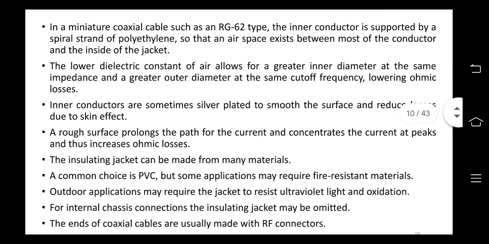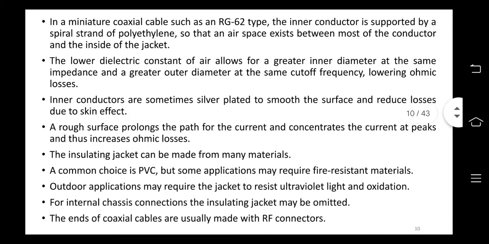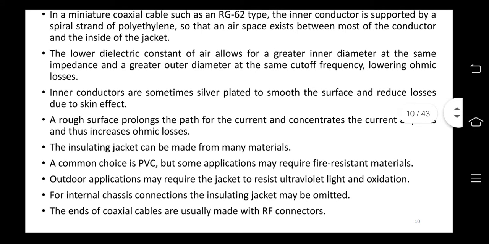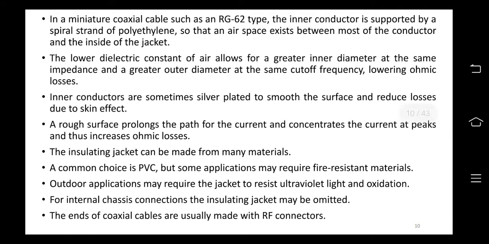In a miniature coaxial cable such as an RG62 type, the inner conductor is supported by a spiral strand of polyethylene so that an air space exists between most of the conductor and the inside of the jacket. The lower dielectric constant of air allows for a greater inner diameter at the same impedance and a greater outer diameter at the same cutoff frequency, lowering ohmic losses.